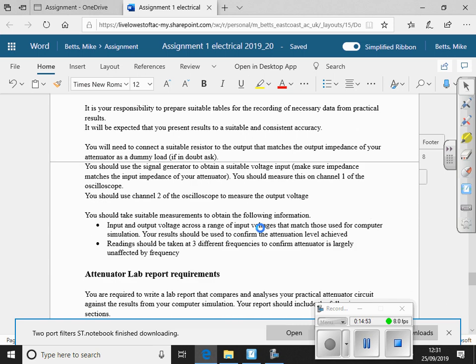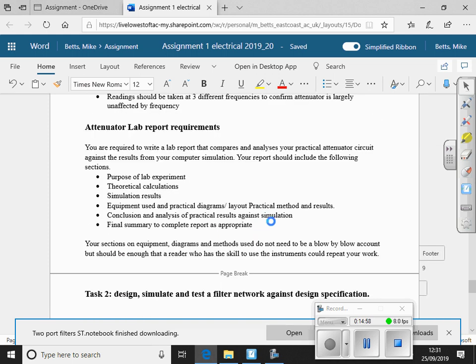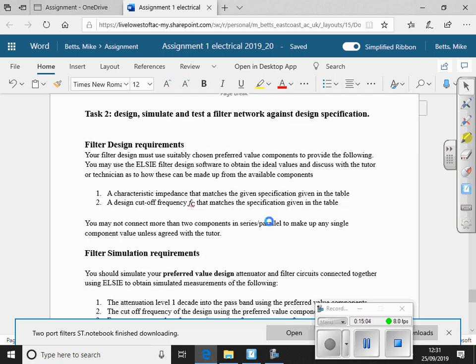And then there's an indication of what I expect to see in the lab report. Then you're going to do a similar thing for the filter design. You'll do some manual calcs. You'll do the design in LC. That will give you ideal values that should match your calculations. You'll then ask me and or Chris what values we've got that are close to the values you need.